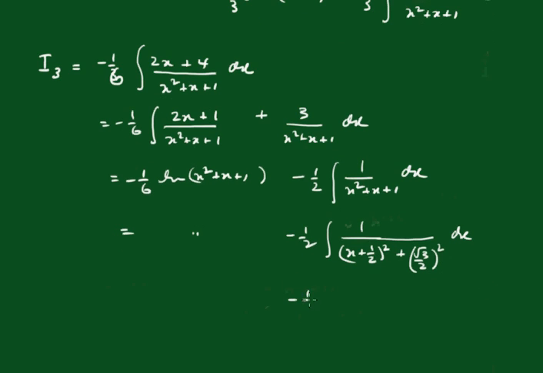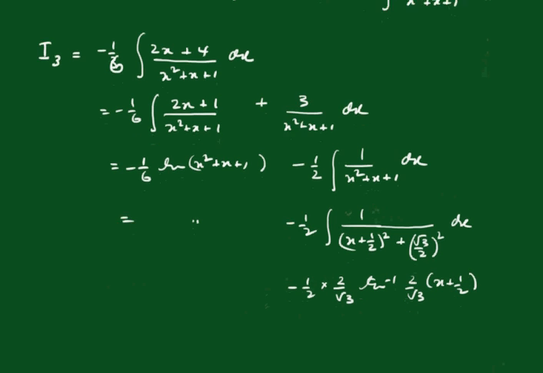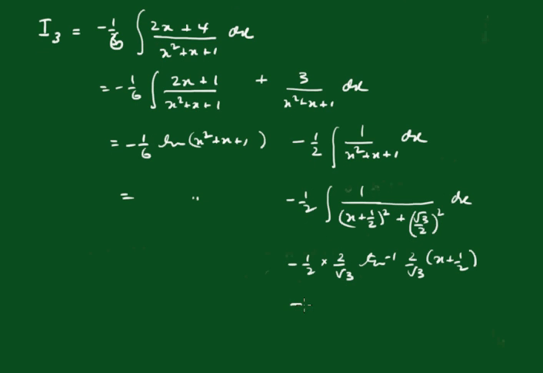So that's minus 1/2 times, now this will be 1 over this, so it'll be 2 over root 3, tan to the minus 1 of (2 on root 3)(x plus 1/2), which is minus 1 on root 3 tan to minus 1. Now this becomes (2x plus 1) all on root 3.